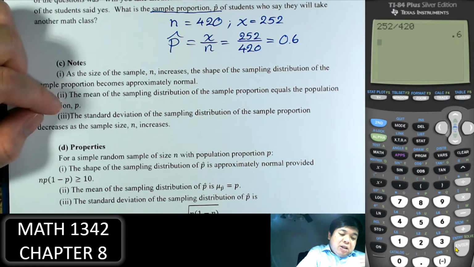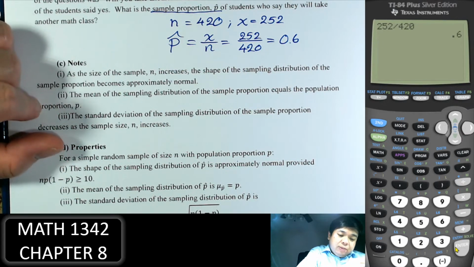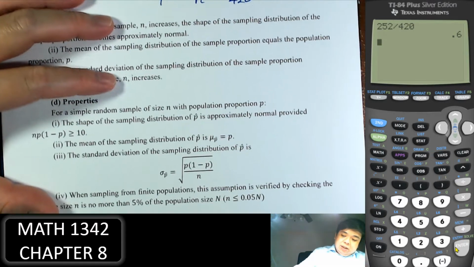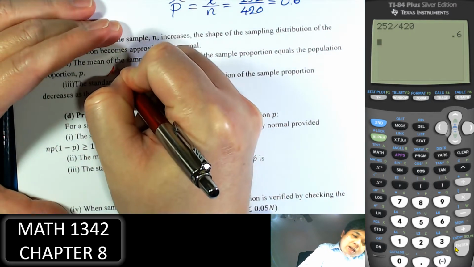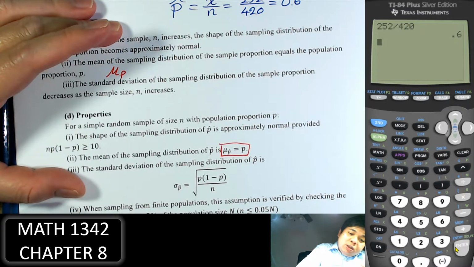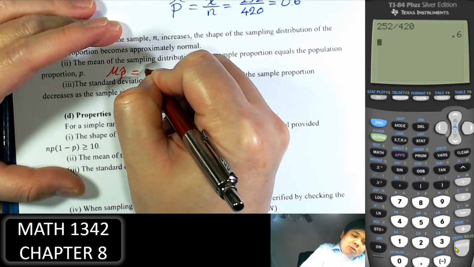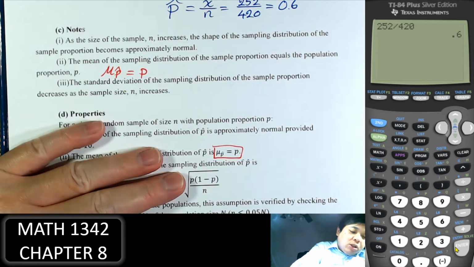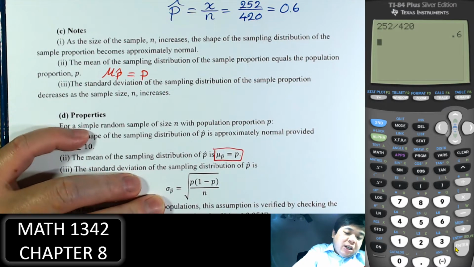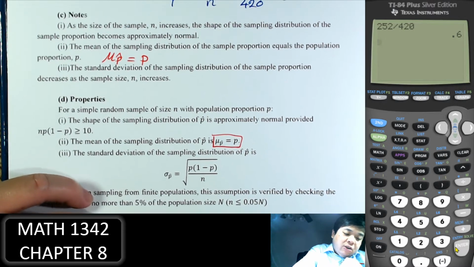The mean of the sampling distribution of the sample proportion is equal to the population proportion. The standard deviation of the sample proportion decreases as the sample size n increases.